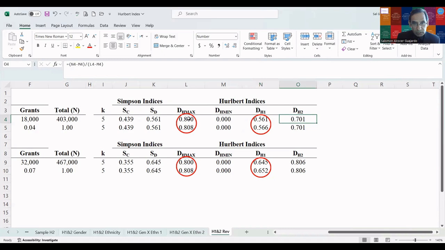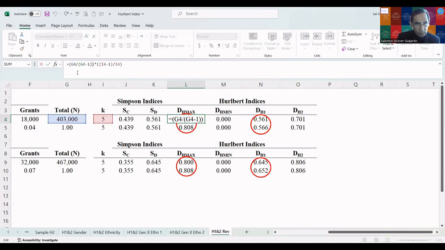Now, when I calculate the maximum score, again, there's a slight difference. If I use frequencies, it's going to be G4 divided by G4 minus 1, which is 403,000 divided by 403,000 minus 1, times K minus 1 divided by K, which is the Simpson maximum value.